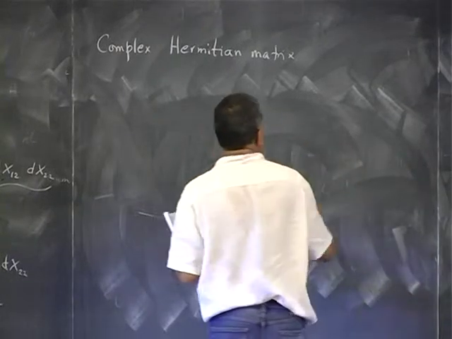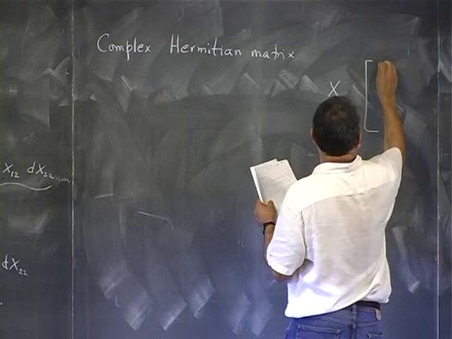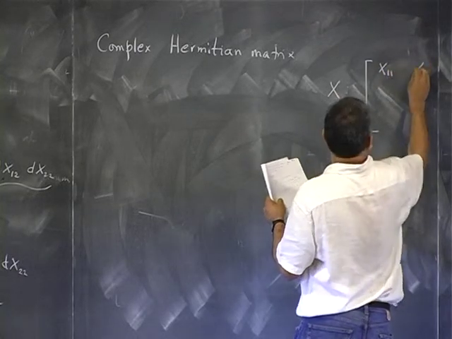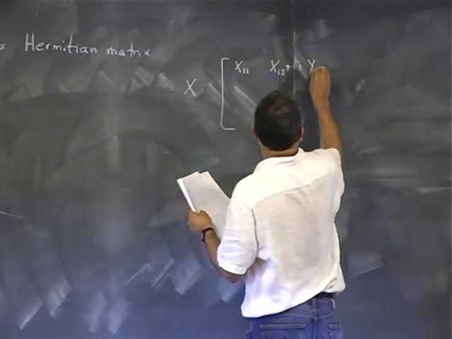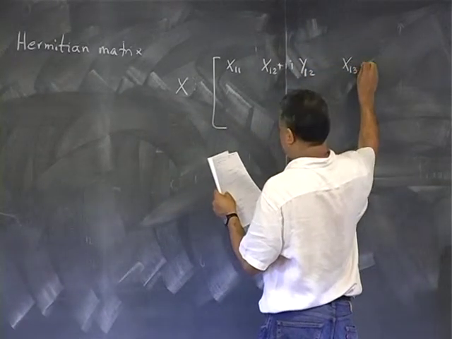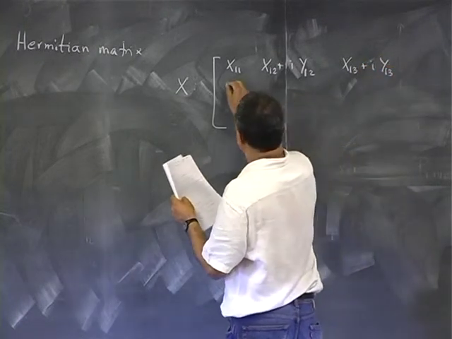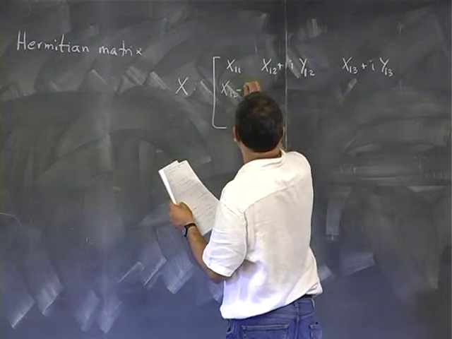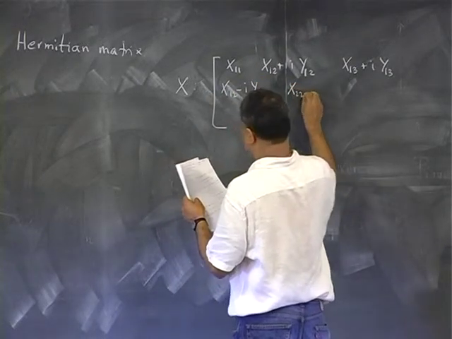In the case of a complex Hermitian matrix, for example a 3 by 3 matrix, here you will have x12 plus i y12, and here x12 minus i y12, x22.